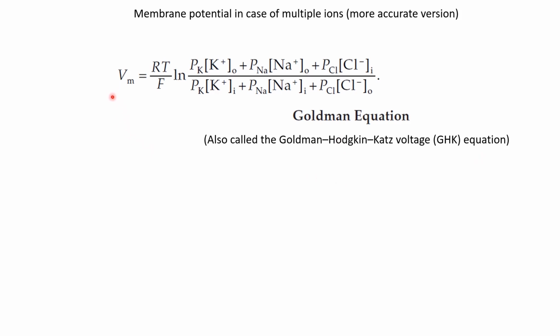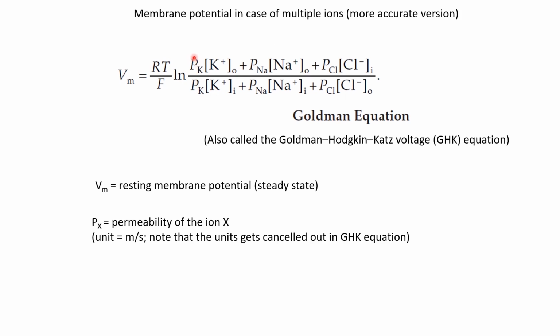This equation says that the resting membrane potential is equal to RT over F natural log, and then this term where PK is the permeability of potassium ion and K+ outside is the outside concentration of potassium, K+ inside is the inside concentration of potassium, PNa is the permeability of sodium, and so on. So this is the value of membrane potential that will be finally achieved in the presence of all these ions.